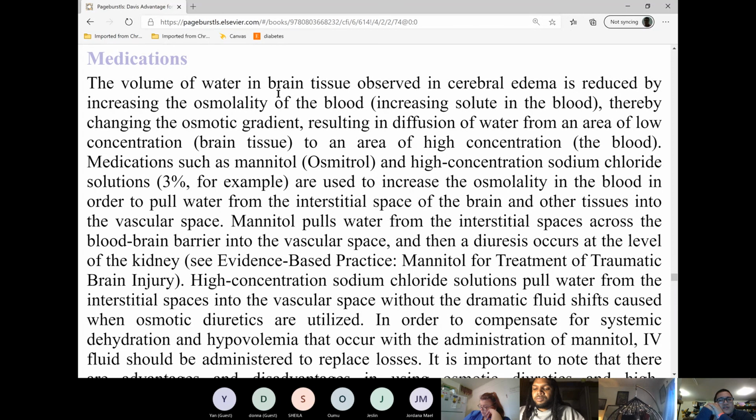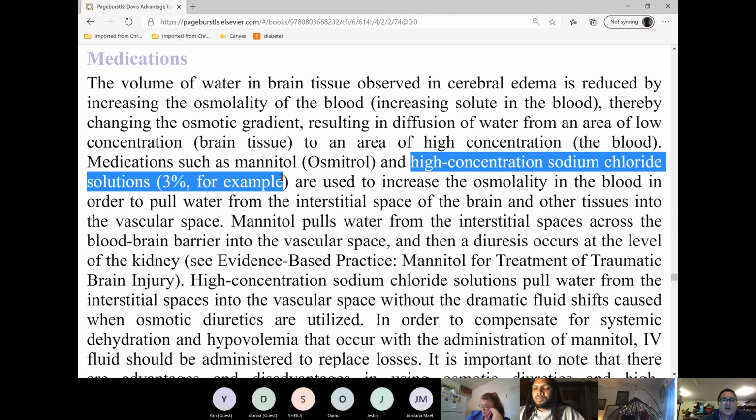Now, an alternate here is high concentration sodium chloride or hypertonic saline. In hypertonic saline, not only does this decrease edema, but it also improves blood pressure. You understand? Because this one, like mannitol, has a similar effect because they both work by osmosis.